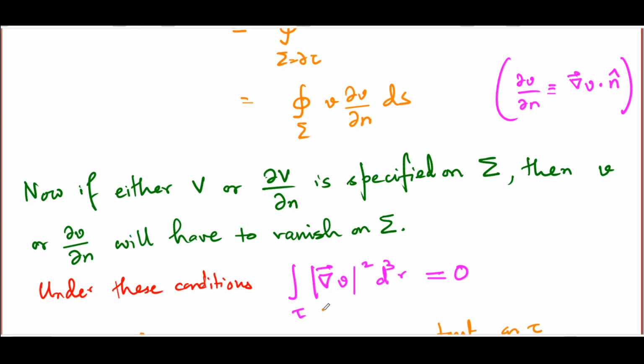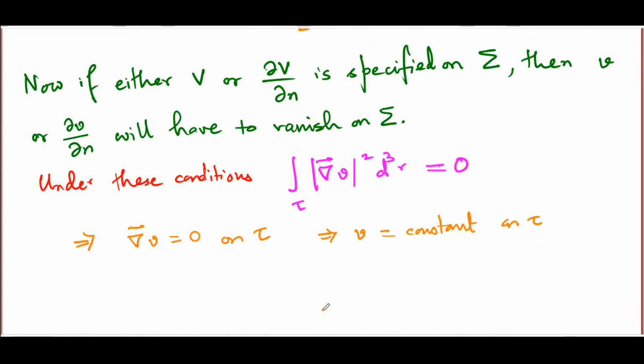If it were to differ from 0 at even one point, because of smoothness it would have to differ from 0 not only at that point but also in its neighboring region. In fact, it would have to be positive throughout the neighboring region. And that will give a positive contribution to this integral, which will not be cancelled by a negative contribution coming from anywhere else. The integrand here can never be negative.